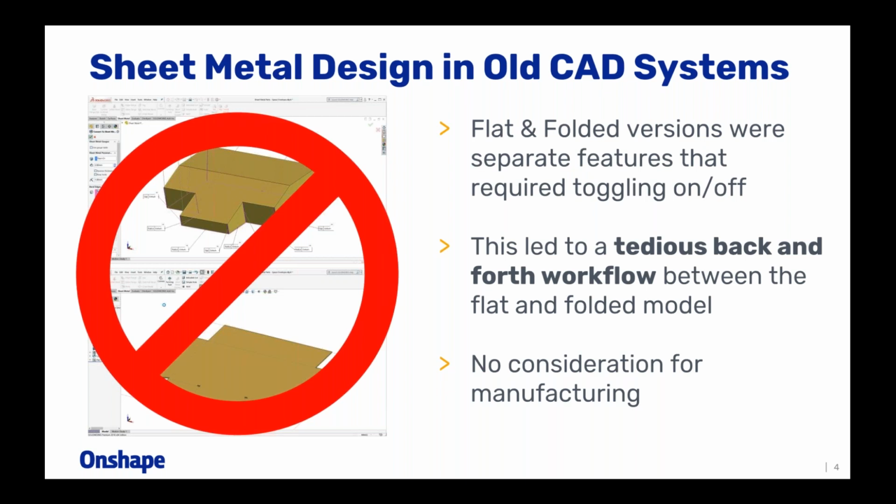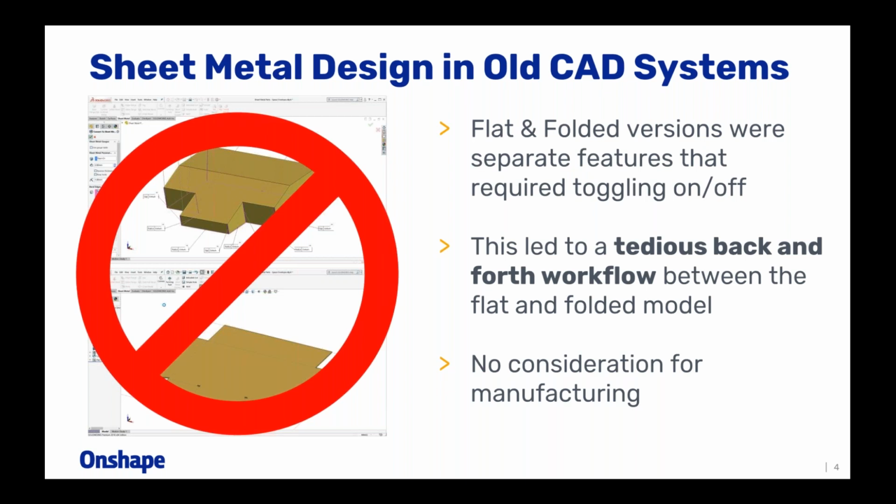And that constant back and forth always led to a lot of headaches. So again, the consideration for the manufacturer in the sheet metal design is something that's very much been lacking. Basically no consideration for the manufacturing and that important data, things like bend radius, things like the bend order. As I mentioned before, things like whether it's a rip or a bend.